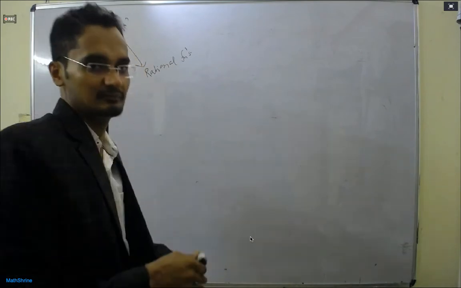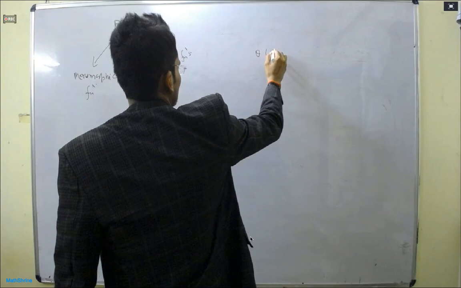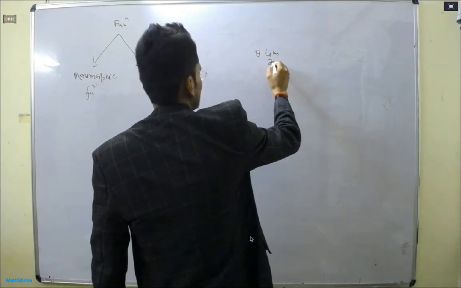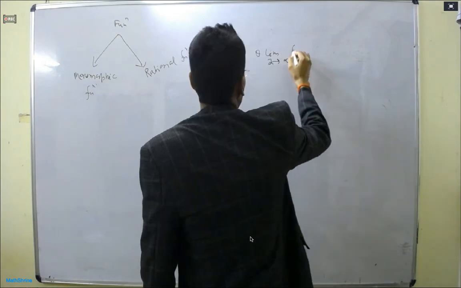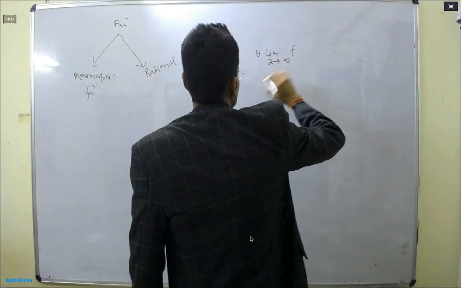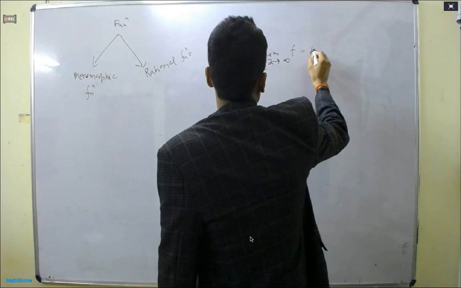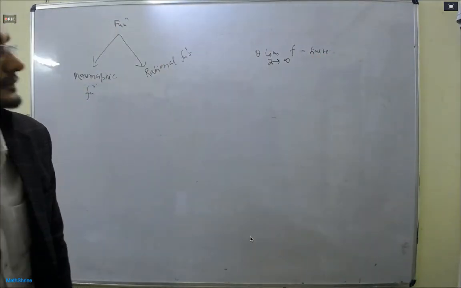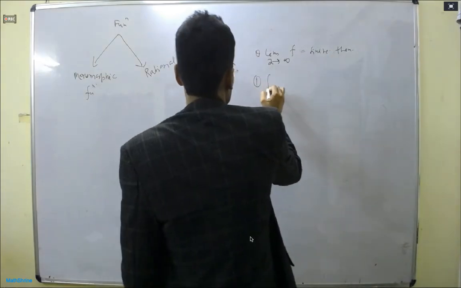So you can write one question: the limit as z tends to infinity of f is equal to a finite value. Then the first option, f is constant.